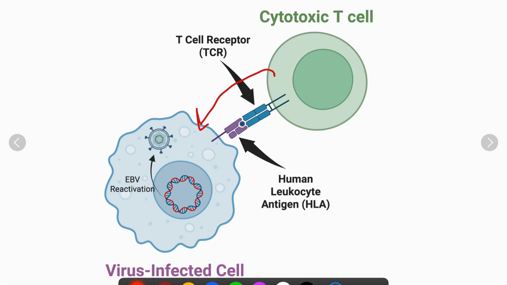However, the inefficiency of this detection mechanism, usually through genetic predisposition, can increase the likelihood of developing a range of different chronic conditions, including multiple sclerosis.